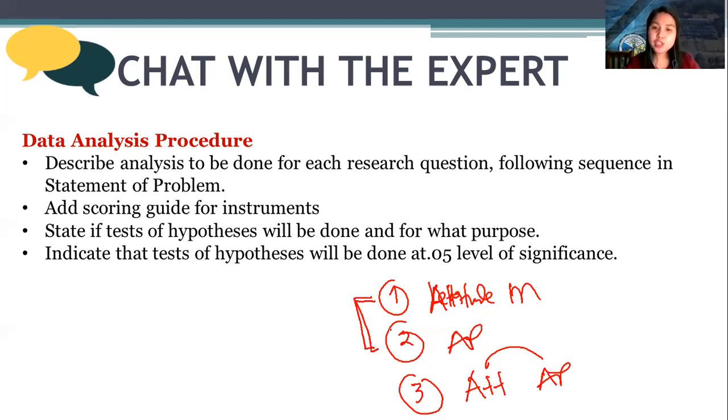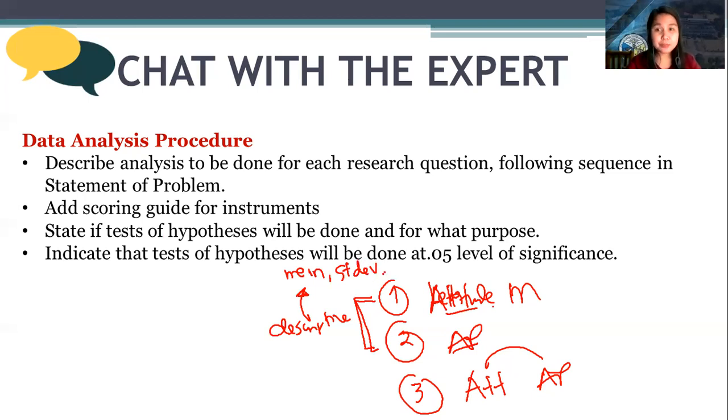Say, to measure the attitude towards mathematics and students' academic performance, descriptive statistics will be used. Now, if you'll use descriptive statistics, let's just have two, okay? For uniformity, we'll only solve the mean and the standard deviation.